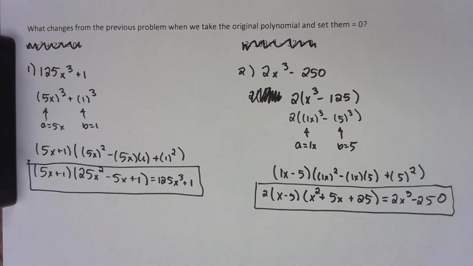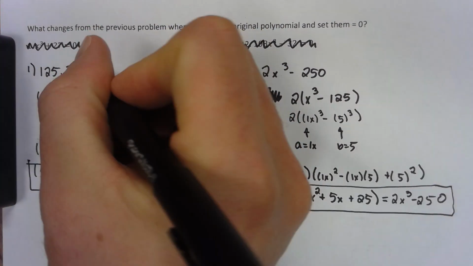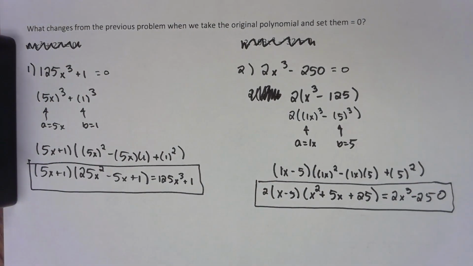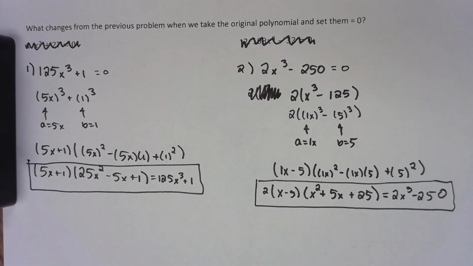Okay, now one extra thing that you're going to have to do on the homework, and again, we'll work on this in class tomorrow, but let's pretend that instead of it saying just factor, I do this. What changes now? Am I done?